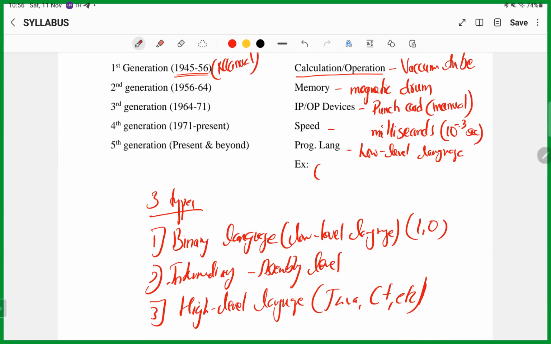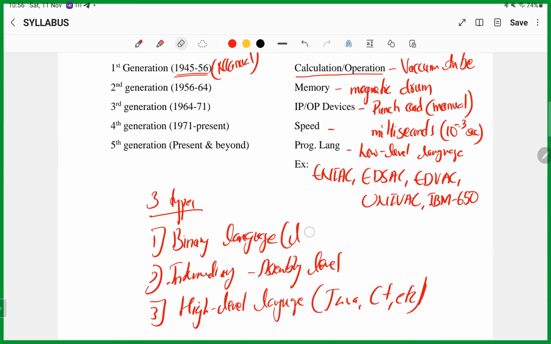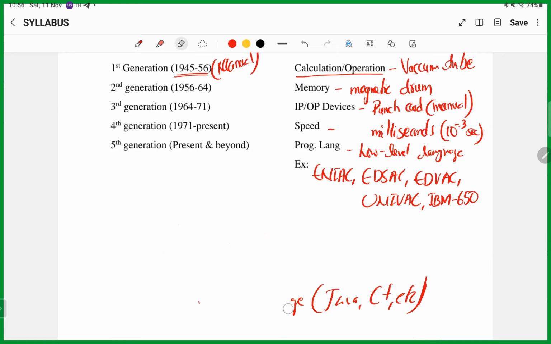Write down the examples. All these examples that we discuss: ENIAC, EDSAC, EDVAC, UNIVAC. These are all examples of first generation computers. One more example outside of this: IBM 650.